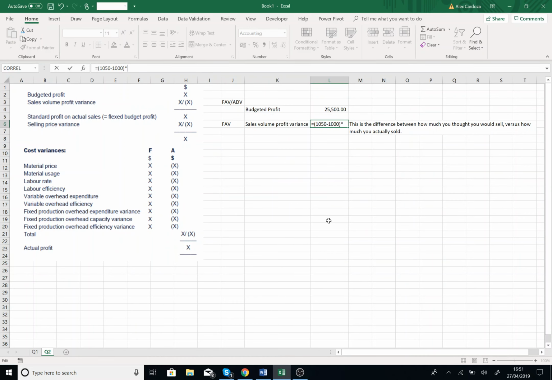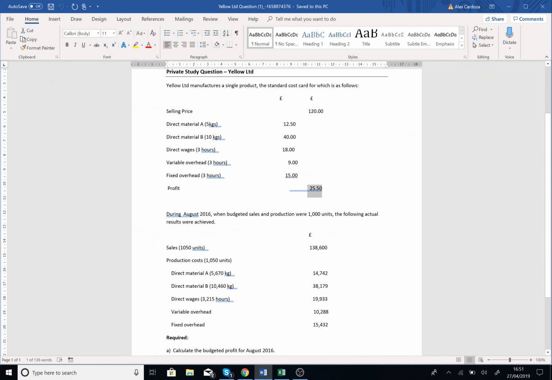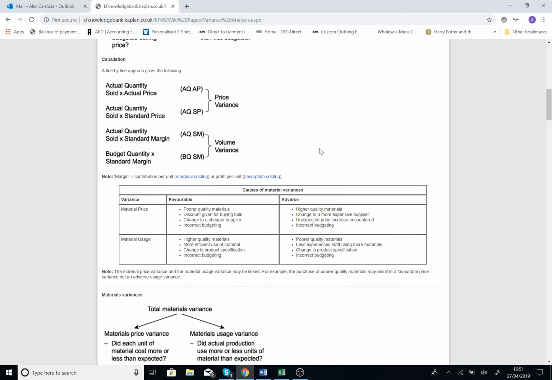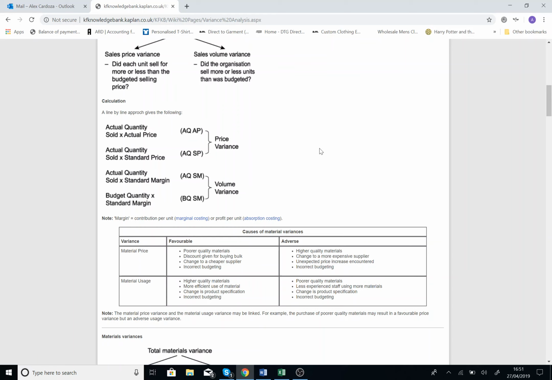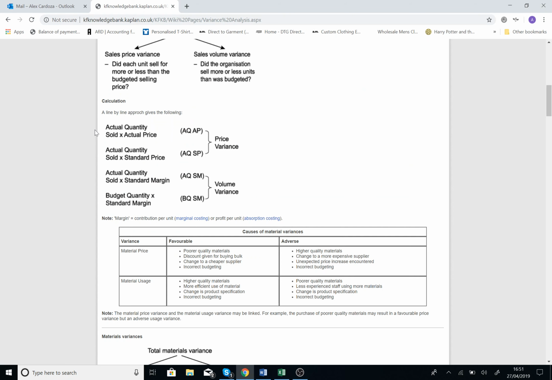And then, once you've worked out the 50, you times it by your 25.5, okay? Your profit per unit, okay? Because if we look at the sales volume variance, what's the variance called? The sales volume profit variance, yeah, it's here. The volume variance is here because we're looking at the volume.